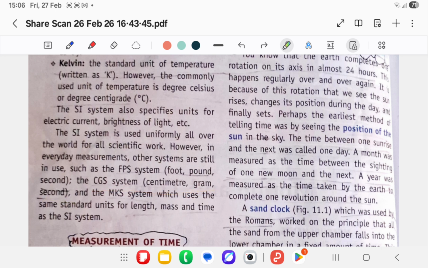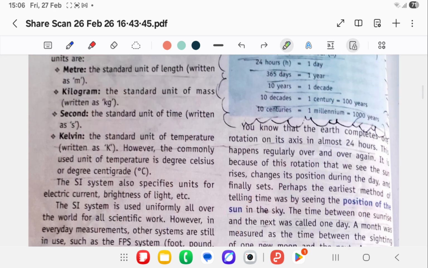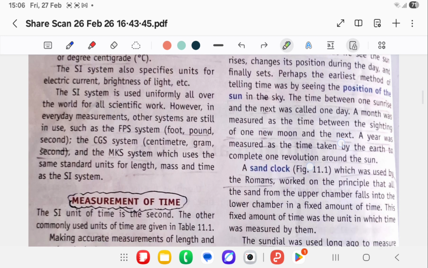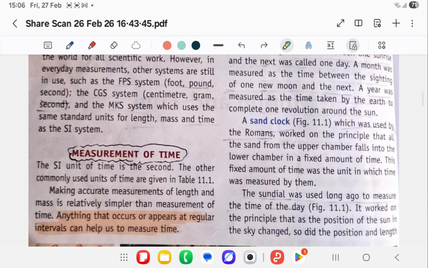Okay, CGS system. MKS is meter, kilogram, second. MKS system is the same as the SI system. In the SI system it is measured in meter, kilogram, seconds, and in the MKS system also the same measurements are being used. Now, measurement of time.